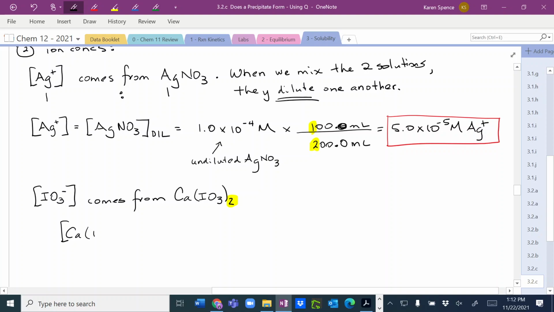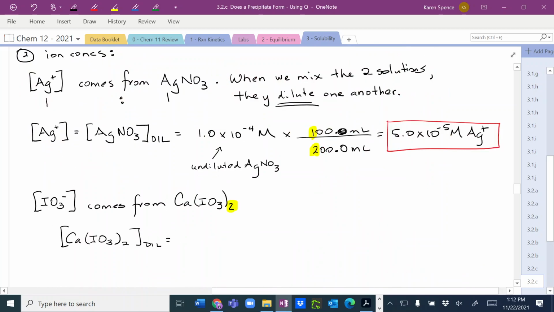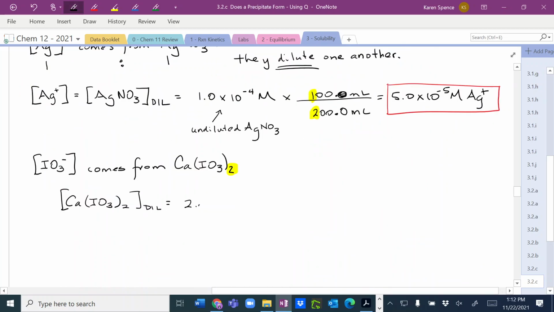Concentration of calcium iodate diluted equals our old concentration, 2 times 10 to the minus 4 molar, and again we had an original volume of 100 milliliters, and we mixed it up with the other one and got a final volume of 200 milliliters.